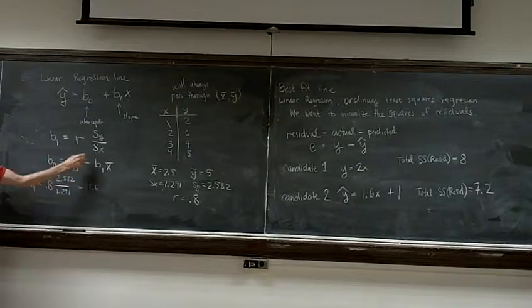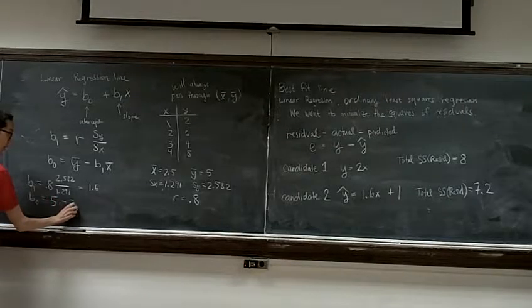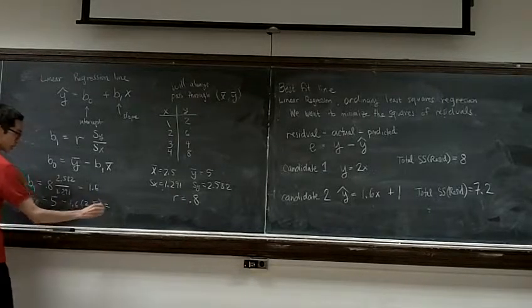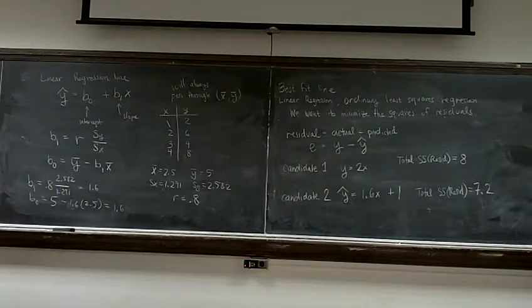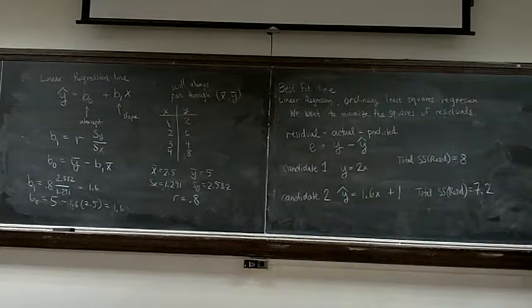And then plugging that into b0, I have y bar, which is 5, minus 1.6 times 2.5, and I get 1.6. Wait, did I do that right?